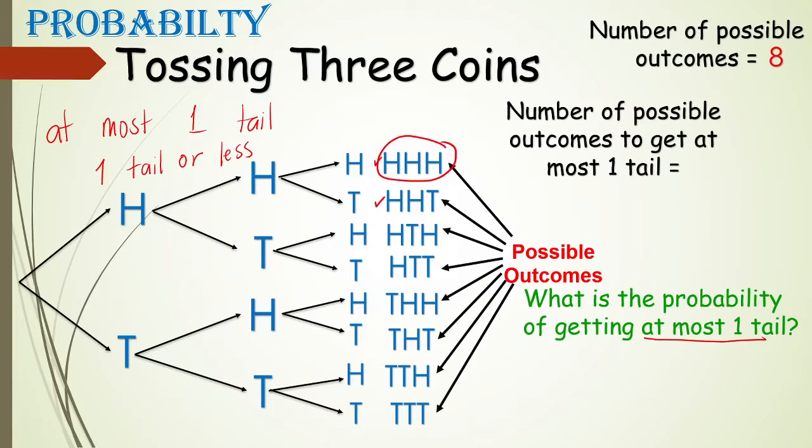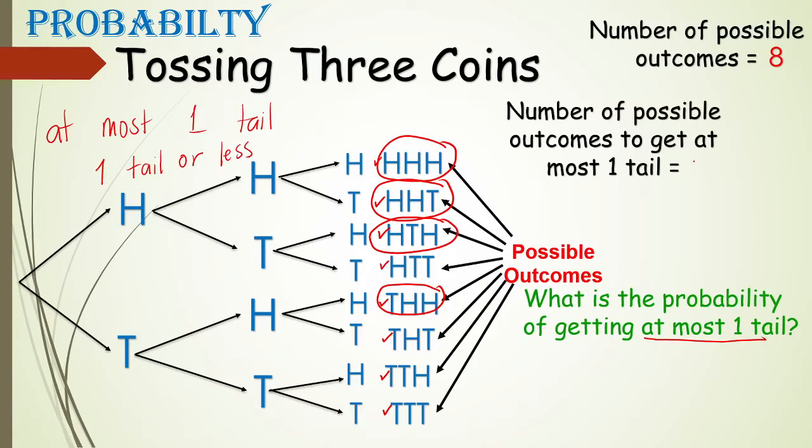Yes. What about this one? Yes. What about this one? No, correct? What about this one? That's a yes. What about this? That's a no. What about this one and this? That's a no. So take note, it can be no tail or 1 tail.